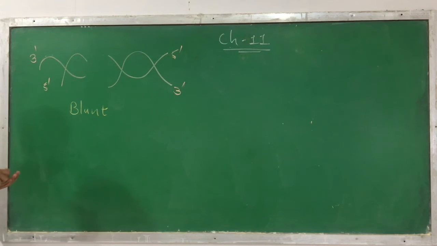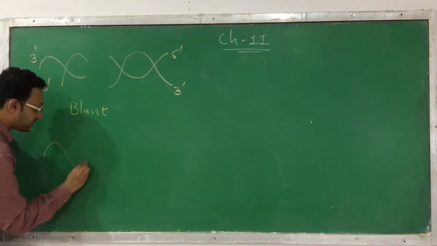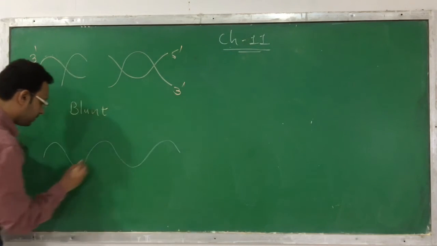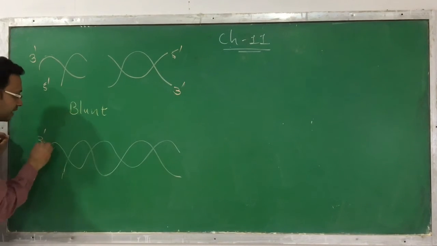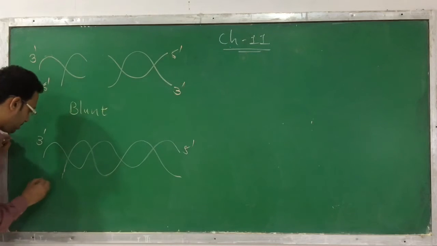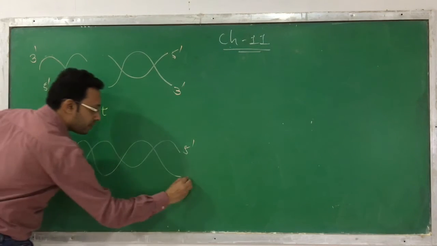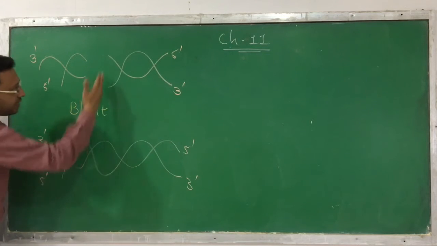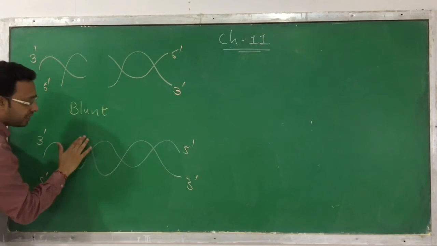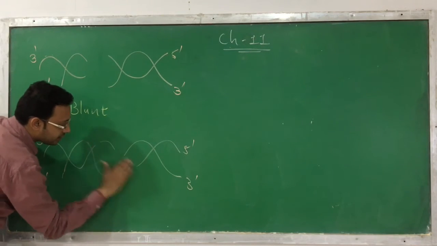I am showing another characteristic. Suppose this is another DNA molecule. Here also the chains are running from 3' to 5' and 5' to 3'. Here the cutting occurs like this. Here the cutting occurs perfectly, but here the cutting occurs like this.